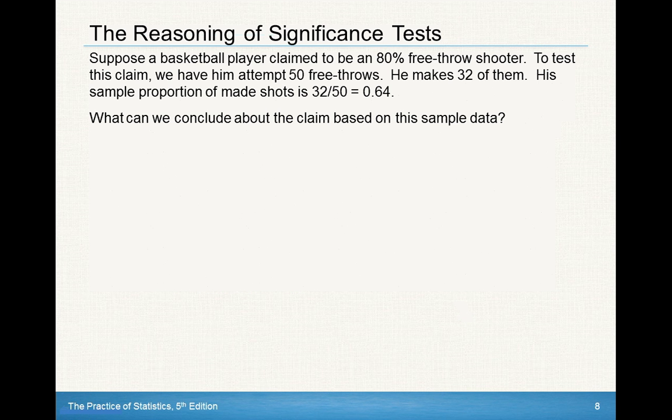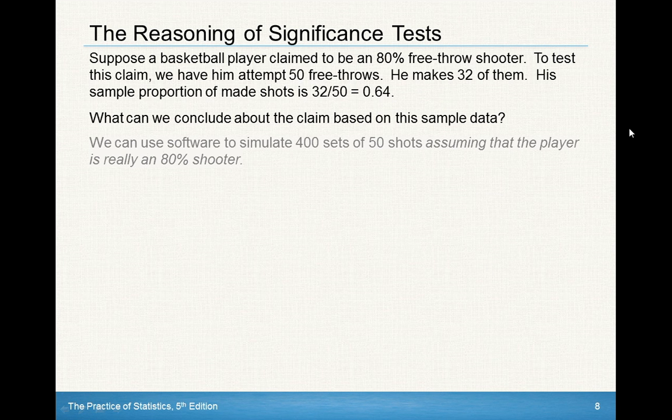Suppose a basketball player claims to be an 80% free throw shooter. To test the claim, we have him shoot 53 free throws. He made just 32 of them. In our sample, he's made 64% of his free throws. 80% seems to be a bit high, but could an 80% free throw shooter make only 64% when he shoots 50? We could do a simulation and maybe have 400 minions shoot 50 free throws and see how many they make.